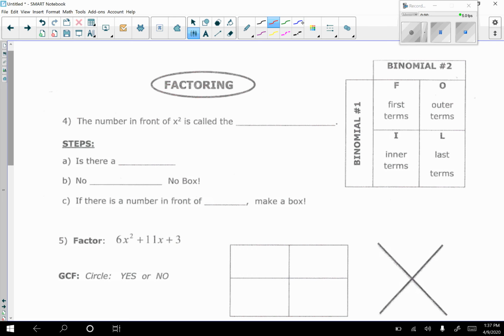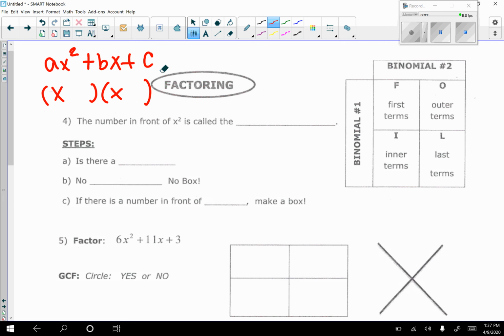Okay, so first things first, the number in front of x squared, if we think of our standard form here, we have ax squared plus bx plus c, a trinomial that we're given. And we're trying to factor it to get it into x blank times x blank, right? That's what we've been learning throughout this lesson.